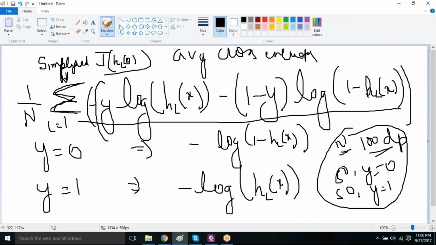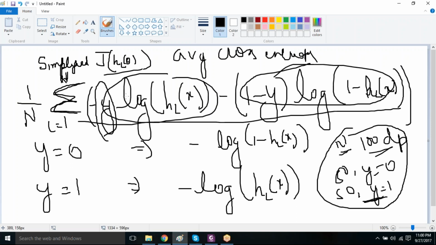Wherever y is 0, this term will evaluate, and for data points where y is equal to 1, the other term will get evaluated. One of the terms will be evaluated; I am not bothering about which, but whatever is evaluated, I keep summing. I keep summing the errors of all the data points, and finally I divide by 100 to get an average error.